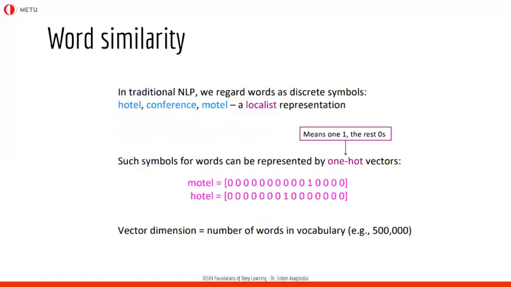Okay. So how can we do it? Let's start working on this problem of representing words as vectors. The first solution is called one-hot vectors.